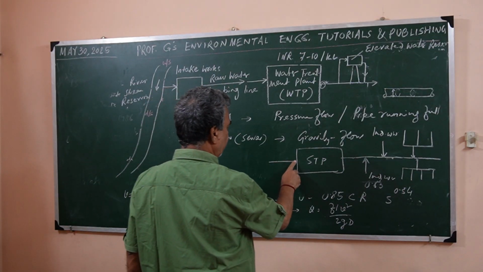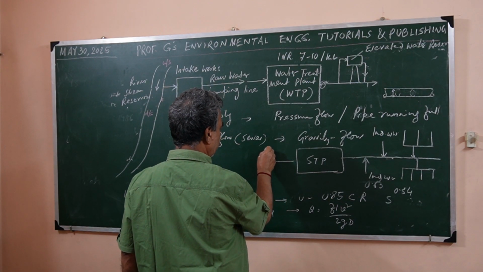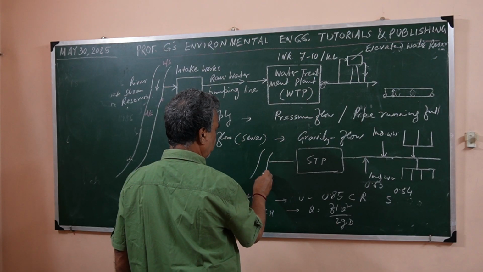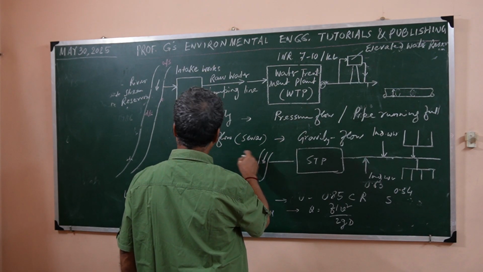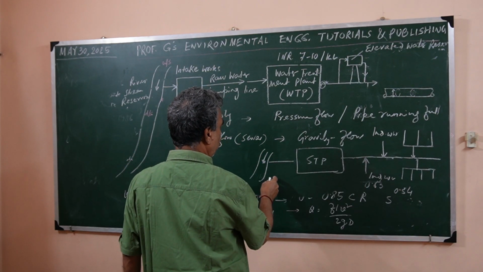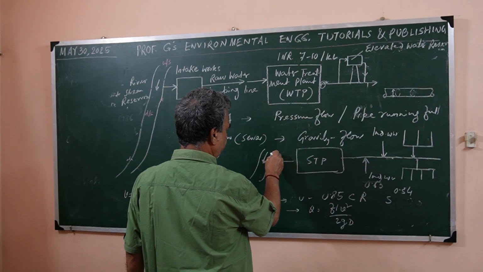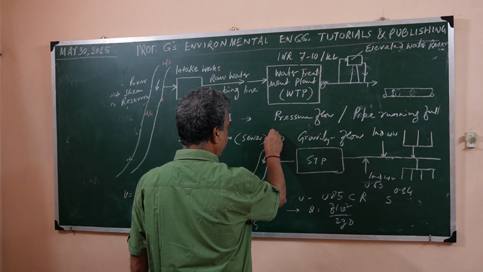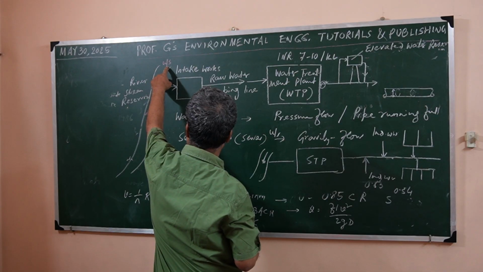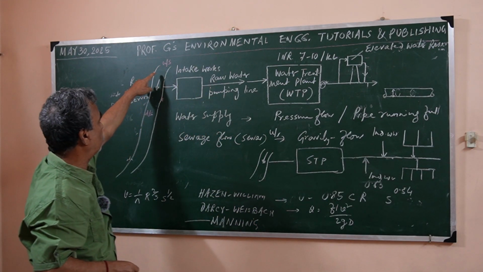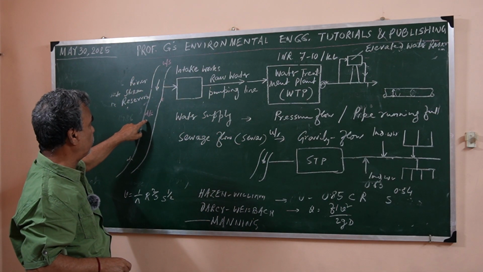So this is the STP, and then ultimately they are disposing this one, as I have already explained, in the downstream part also. Downstream in the sense that this is, say, upstream, as I have already drawn here. This is the downstream.